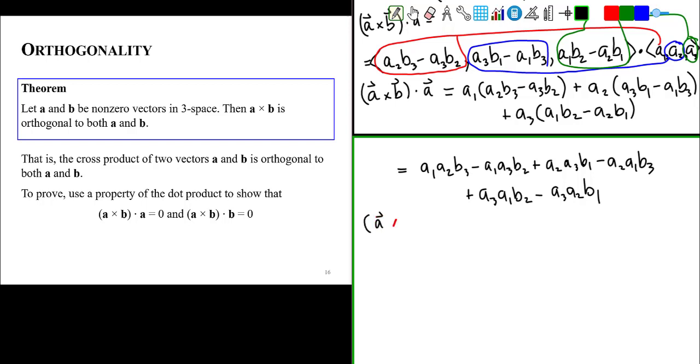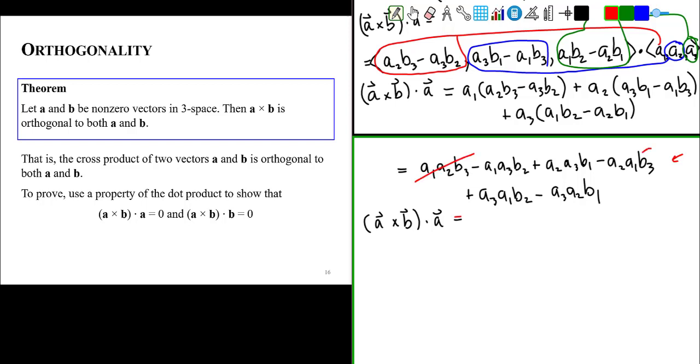So the dot product of the cross product of A and B with vector A is equal to, well, let's simplify. It looks like some terms are going to cancel. I see A1, A2, B3 is the third term, and the last term in this line is A2, A1, B3.